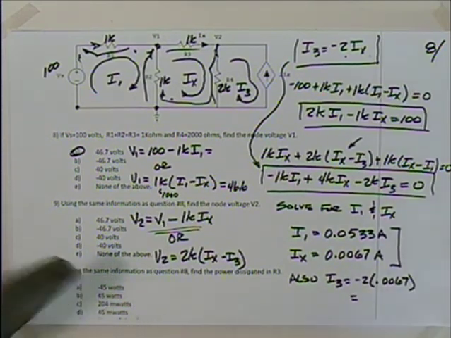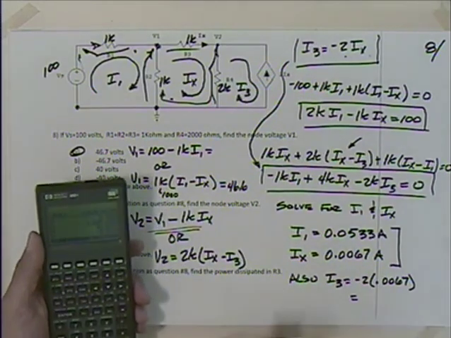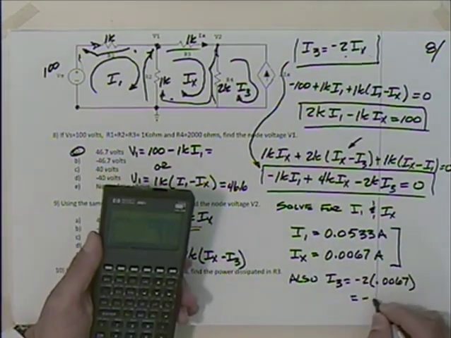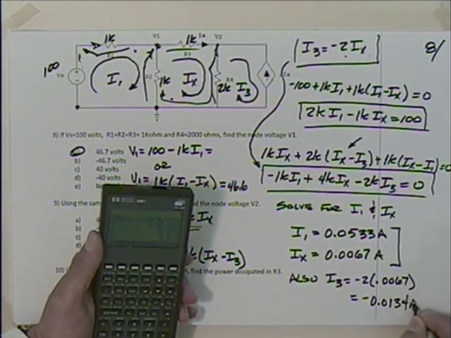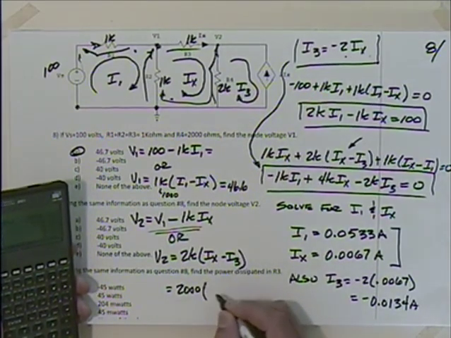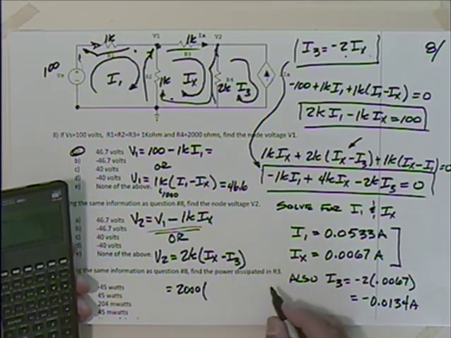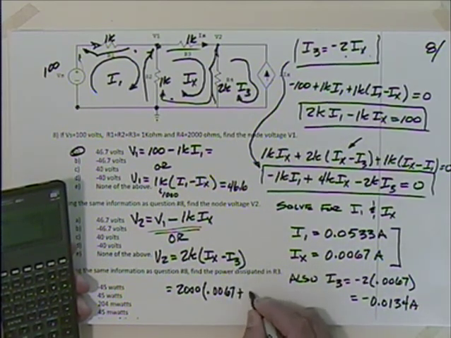0.0067. So minus 0.0134 amps. So I've got 2,000 times IX, which is 0.0067, minus, well, minus and minus is going to be a positive, 0.0134.